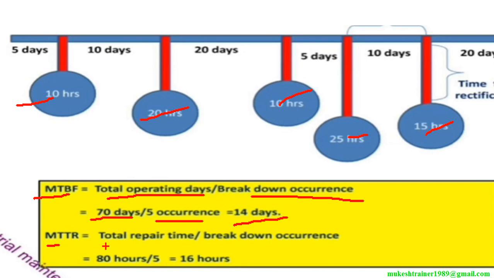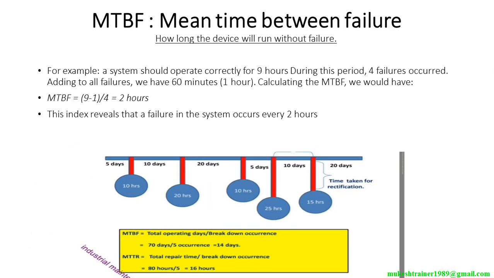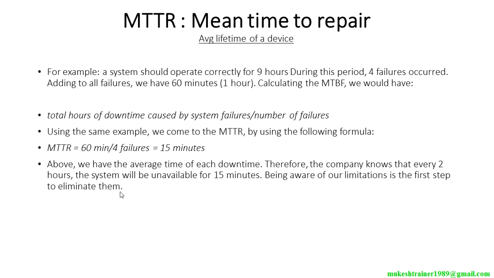MTTR is total repair time divided by breakdown occurrences. The breakdown occurrence is 5, so 80 hours divided by 5 equals 16 hours, which is the MTTR. That is how you can calculate MTBF. So here we already know how to calculate the mean time to repair.